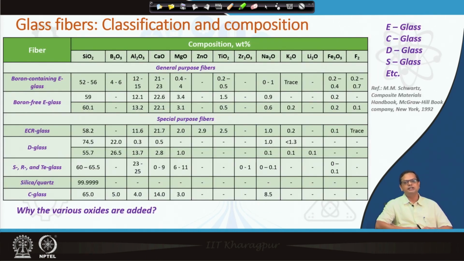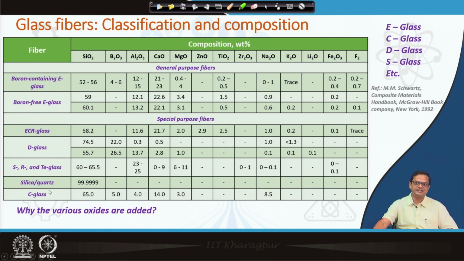And based on the addition of the different oxides, you can see that we get different kinds of glasses, starting from E glass to C glass to D glass to S glass. So, the different oxides are added at different proportions, and that leads to formation of different kinds of glasses, right.